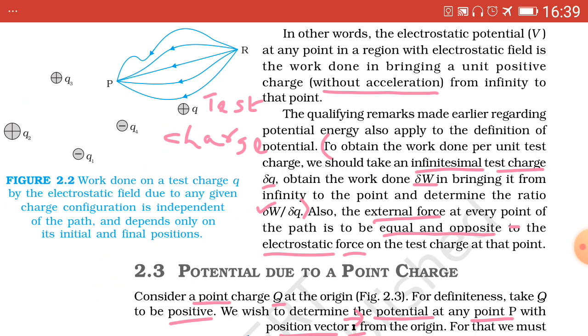Now, in the discussion of electrostatic potential and thereby leading to its definition, we have explained it on the basis of the figure 2.2 given beside, where plus q charge is shown as test charge, which I have written test charge, and q1, q2, q3 and q4 four charges are shown, that is charge configuration.